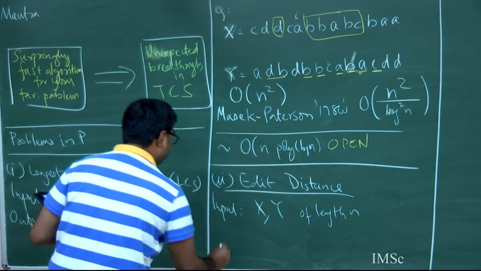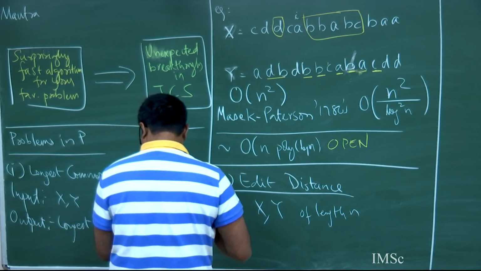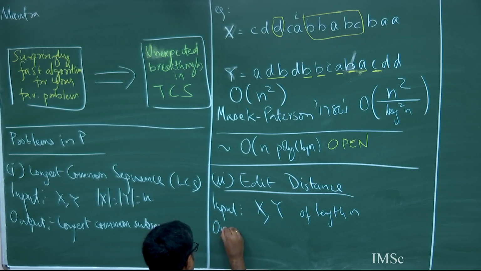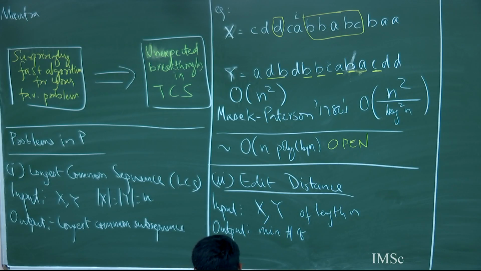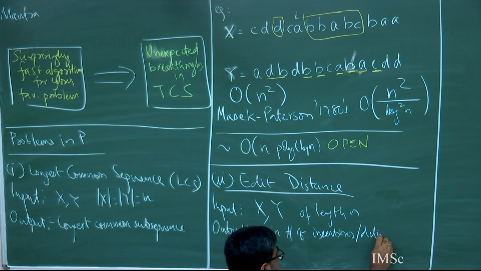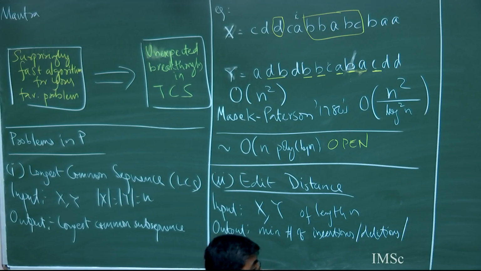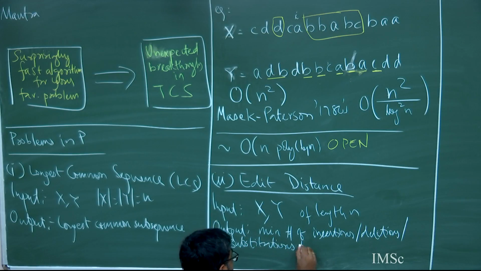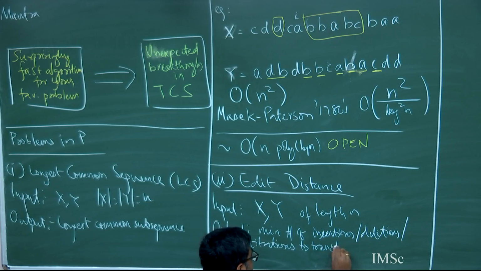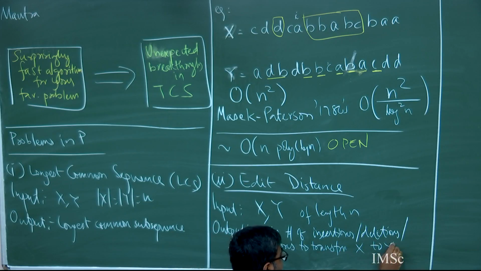And your output is the minimum number of edits, minimum number of insertions, deletions, substitutions to transform x to y, right?